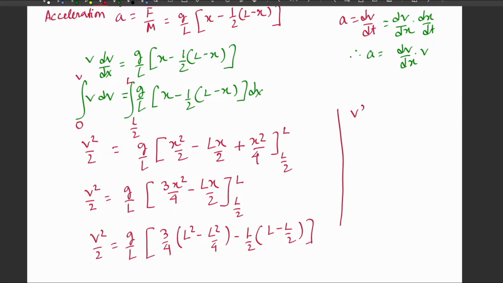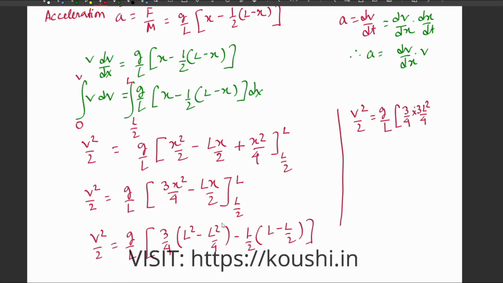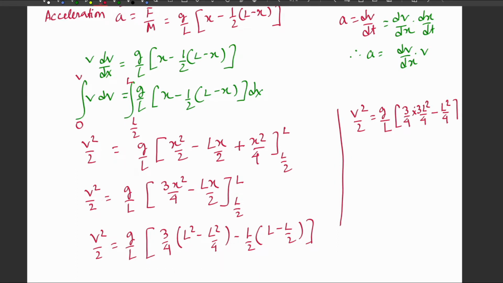So v square by 2 is g by L, we get 3 by 4 into 3 L square by 4 minus L square by 4. So v square by 2 is g by L into 9 by 16 L square minus L square by 4.